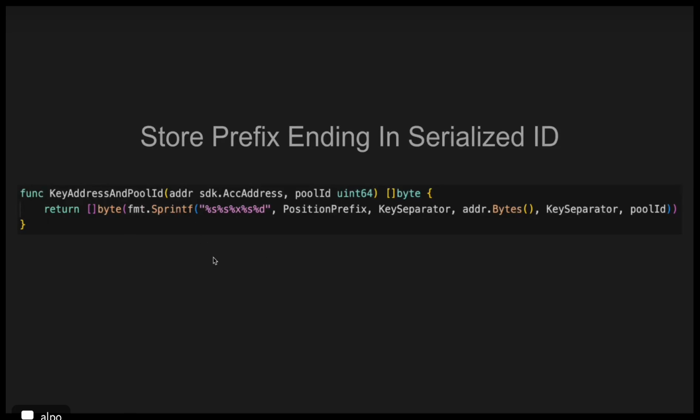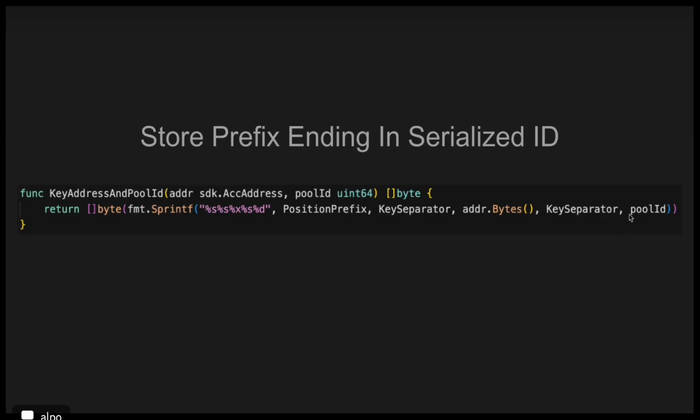This was a bug that we caught in Osmosis for concentrated liquidity about a year ago. What happened was we had validation logic that checked, okay, get all the positions that this address has, and just check that they own them.